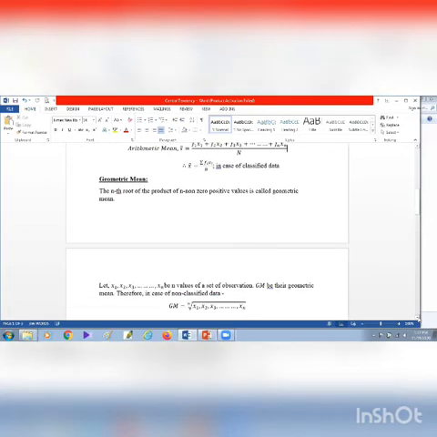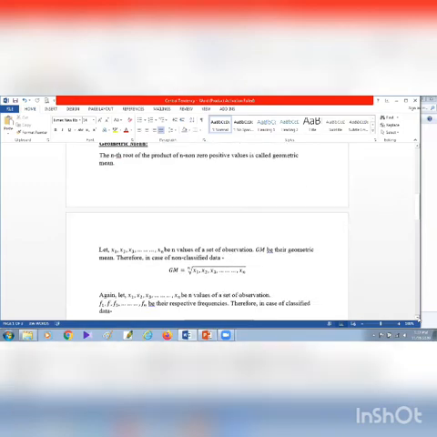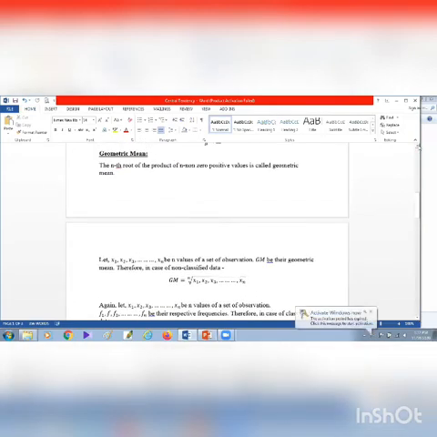The second measure of central tendency is geometric mean. If in a set of data there is any value which is 0, we can't determine the geometric mean. Again, if there are negative values, we also can't determine it.